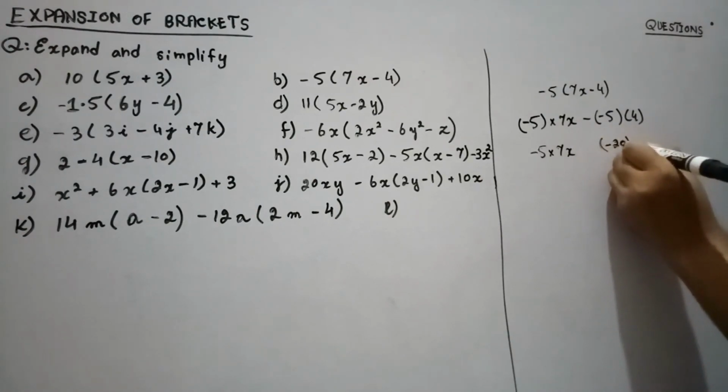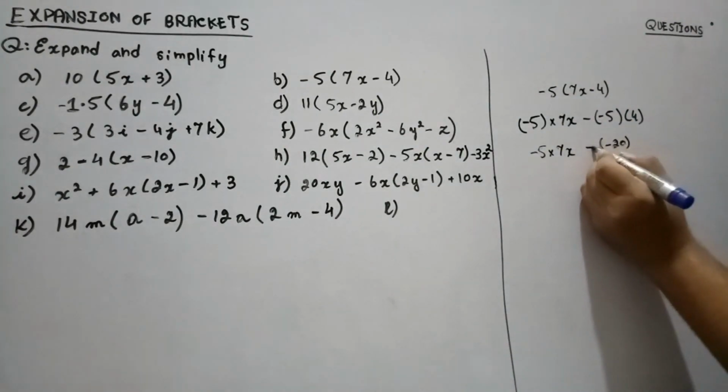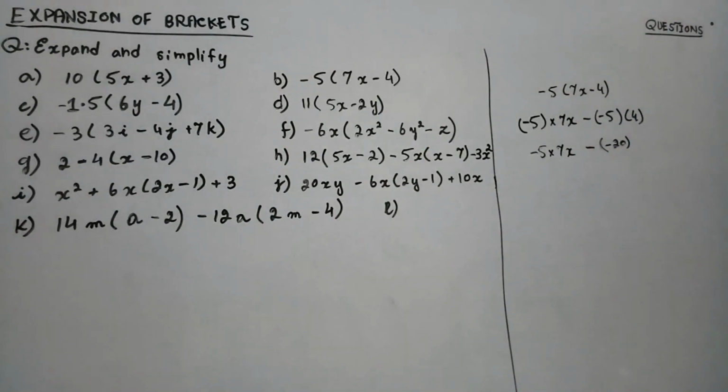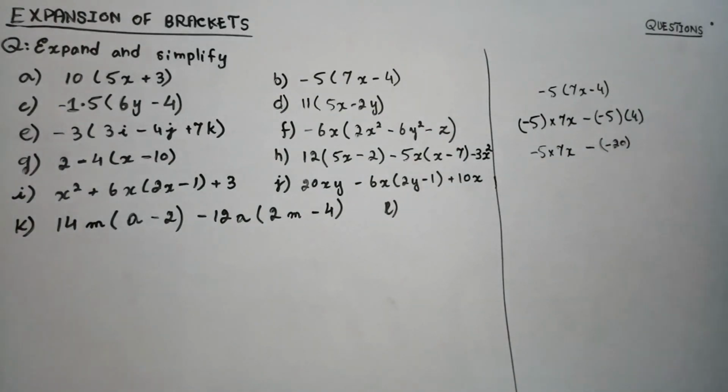After multiplying it, I will write this minus sign as it is, and here minus 5 by 4 will be minus 20.